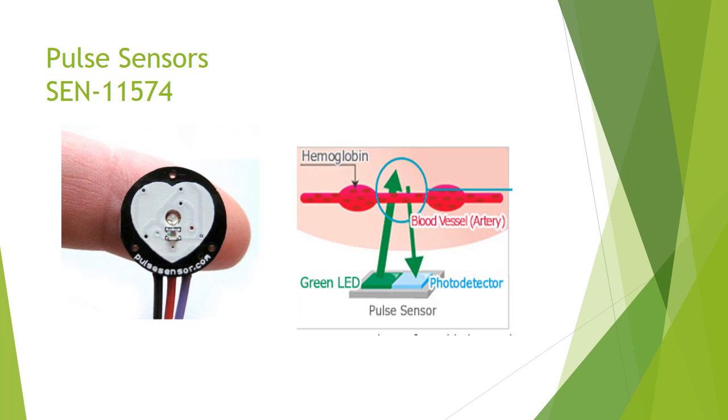When it pumps blood, a large amount of blood flows through your artery, and if it does not pump blood, it becomes normal. Now what happens if you use infrared waves to detect this amount of blood?